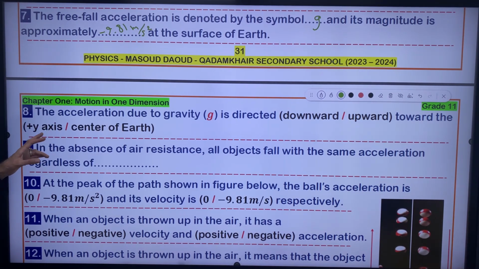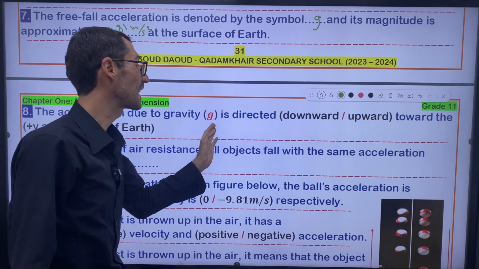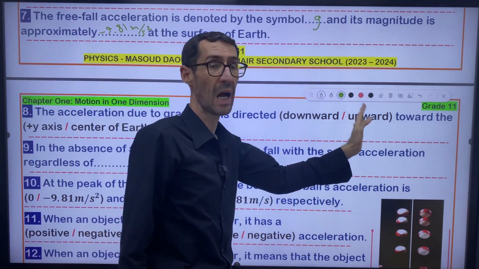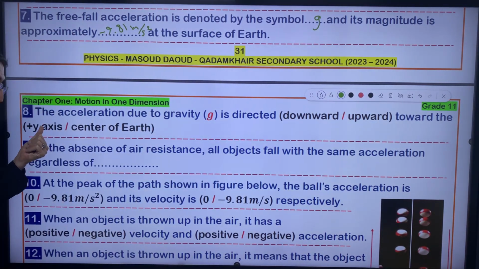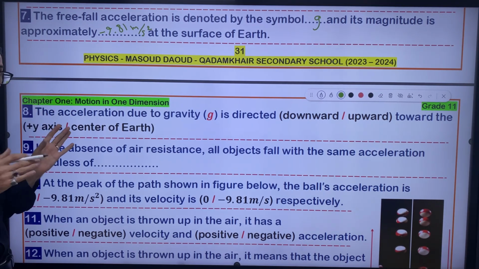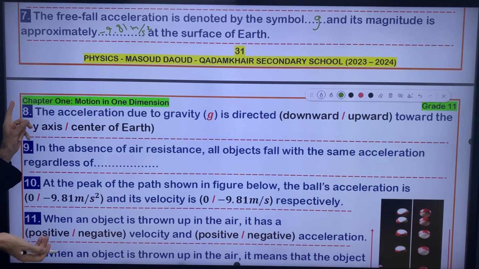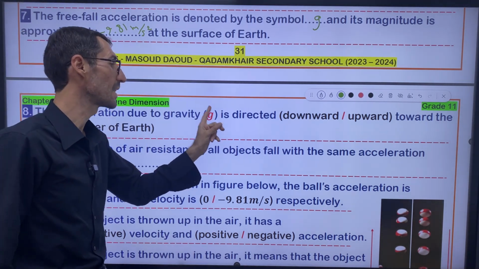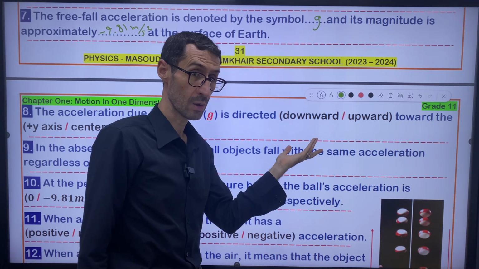Right. Question number 8: The acceleration due to gravity, or g, is directed downward or upward, toward the positive y-axis or the center of Earth. So we have two gaps, and each gap includes two options. Which one is correct?